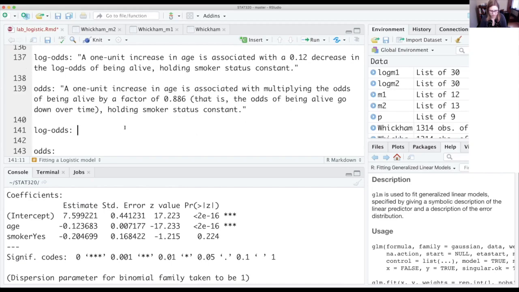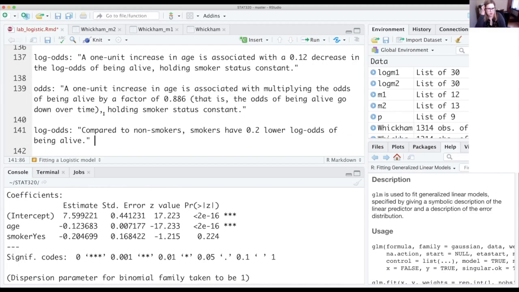And then we could do the same thing, the log odds and the odds that have to do with the categorical variable. So in the log odds space, compared to non-smokers, smokers have 0.2 lower log odds of being alive. Is that right? Compared to non-smokers, the ones baked into the intercept, smokers have log odds that are 0.2 lower, holding age constant.